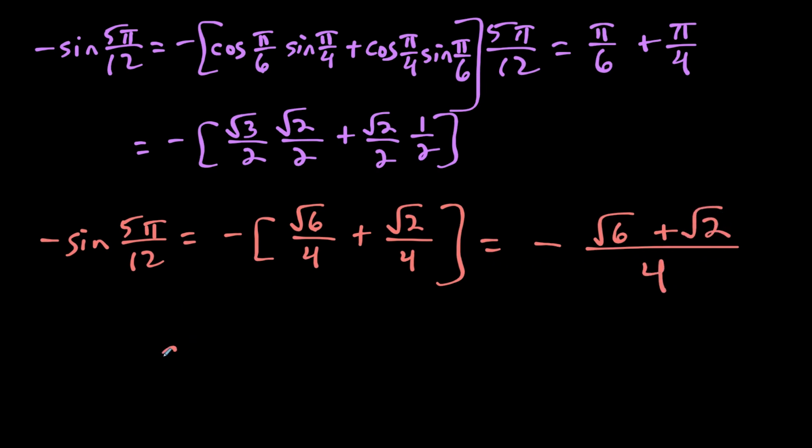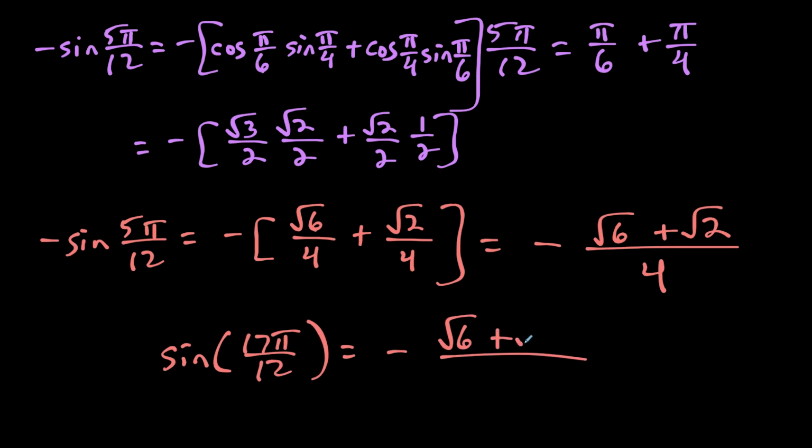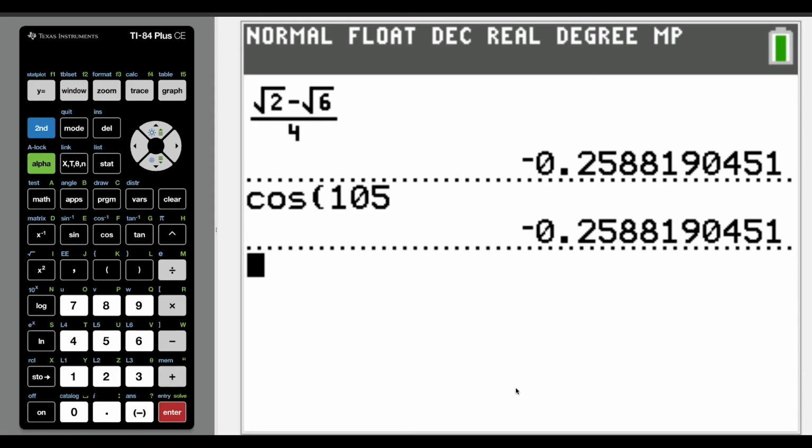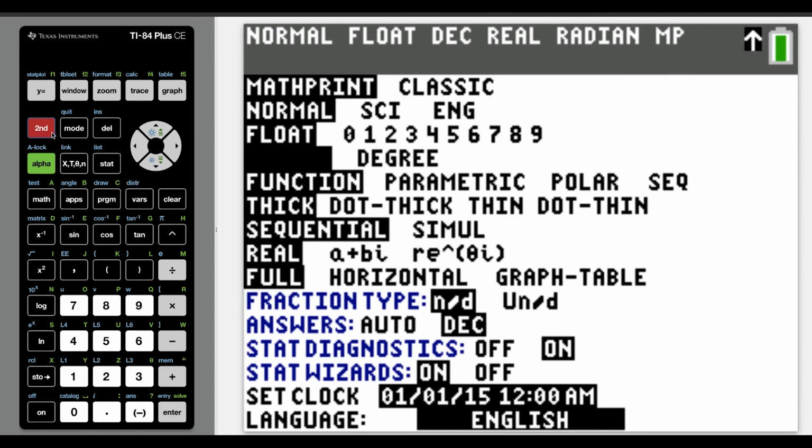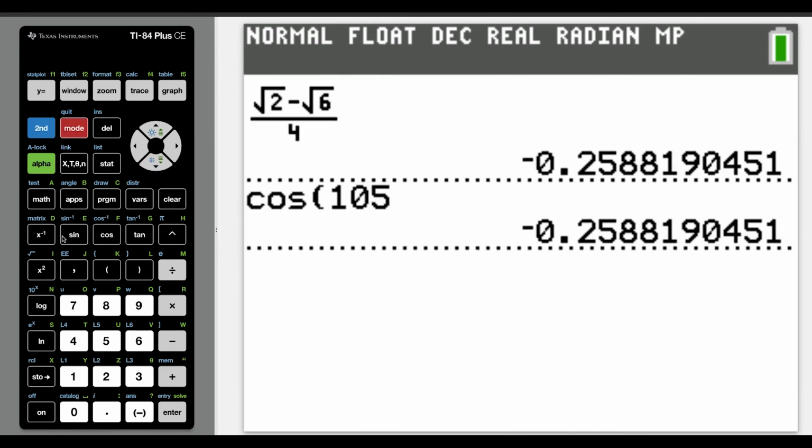So this allows us to say the full answer here, sine of 17 pi over 12 as a single fraction is equal to negative, we have square root 6 plus square root 2 over 4. But now, once again, just to be 100% sure that we did this right, what we're going to do is type in the original question and our answer to see that they match. So we just found sine of 17 pi over 12 radians.